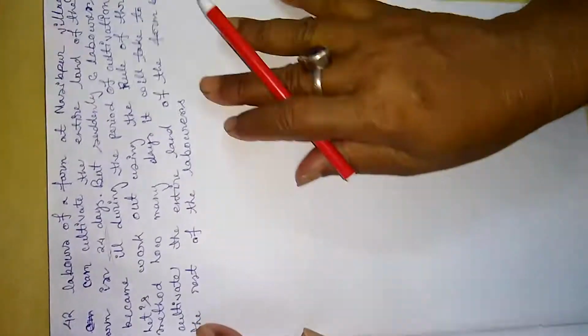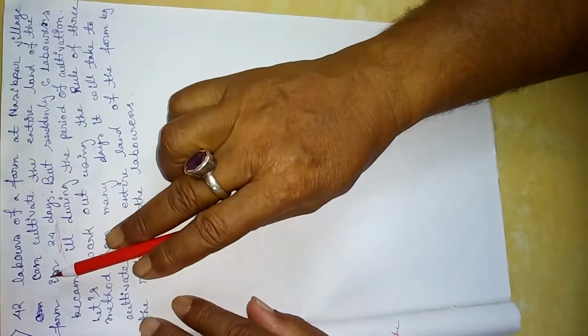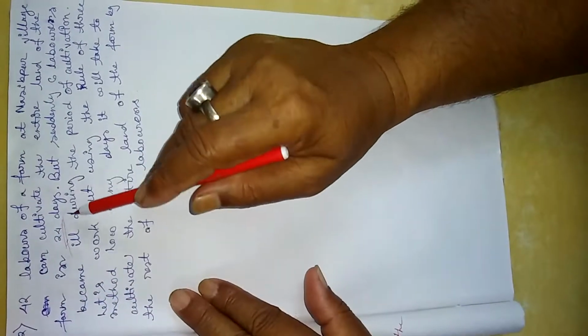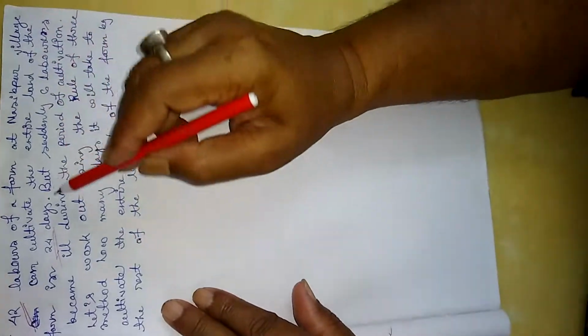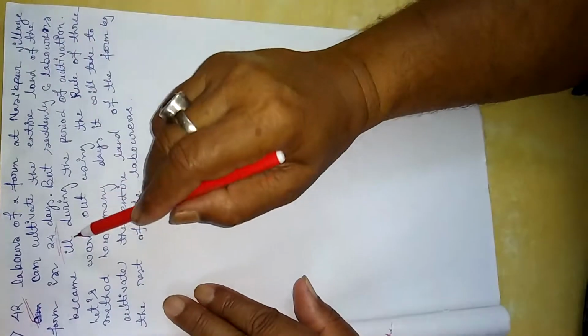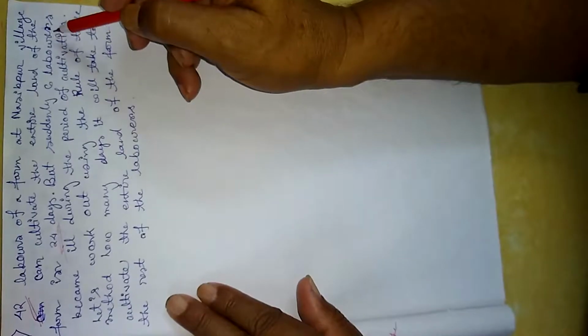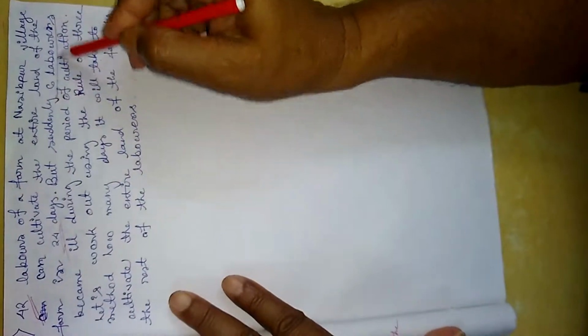At first, the number of laborers was 42, and they cultivate the entire land in 24 days. But suddenly 6 laborers become ill. That is the highlighted point.